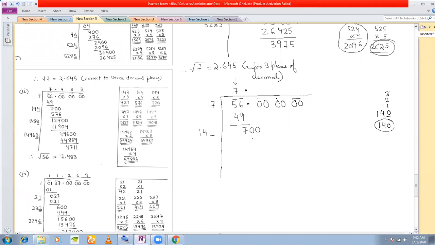And what is the number here? 700. So what you do is, this 700, you divide with this 140. Okay. And what is the quotient that you get?